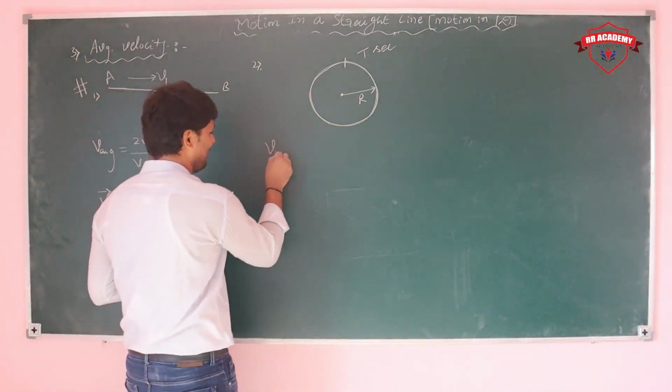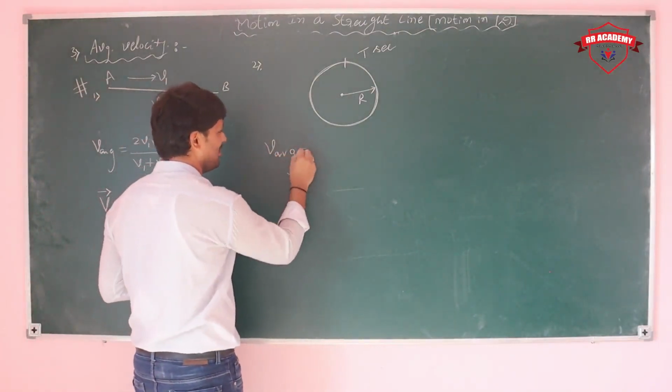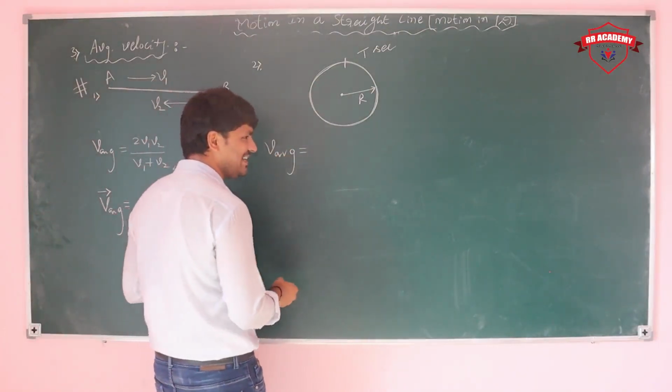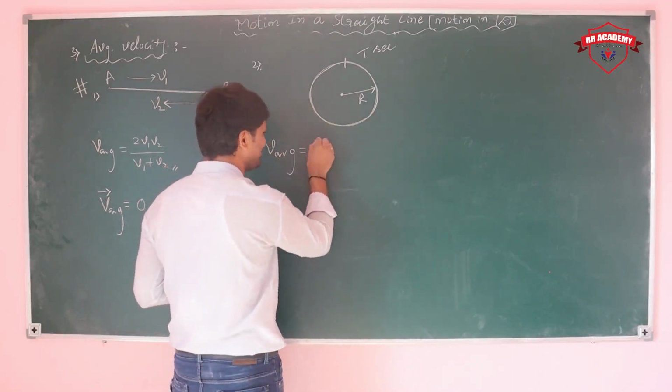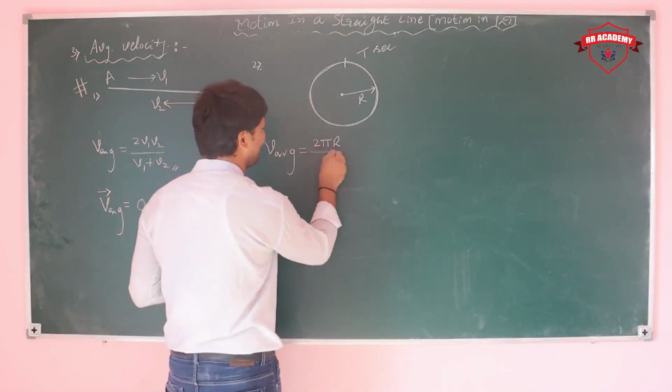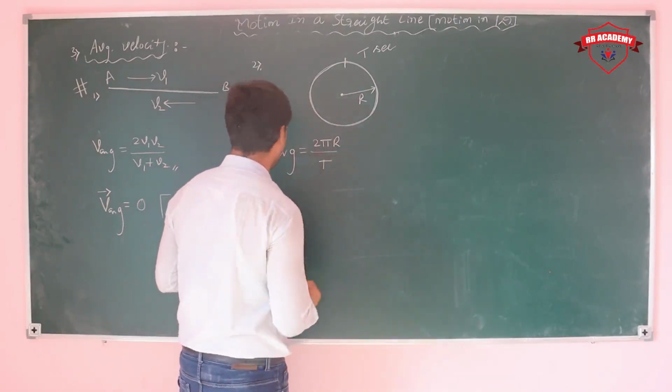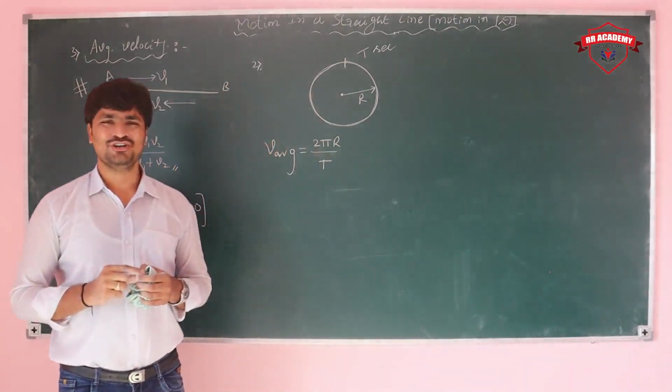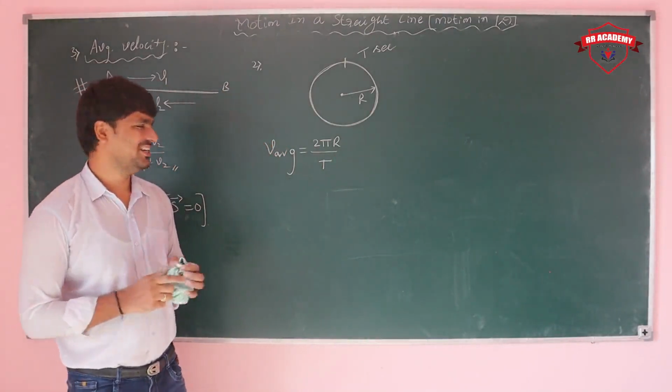Average speed is equal to the distance traveled. One rotation means distance is equal to 2 pi r, in t seconds. So average speed is equal to 2 pi r by t.